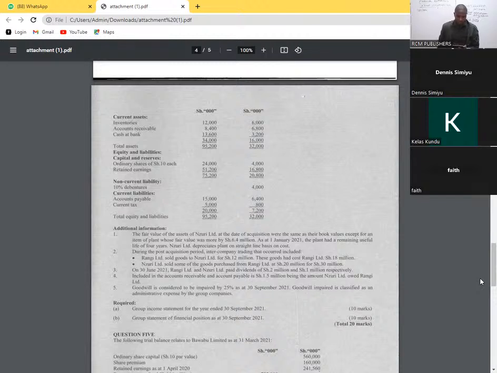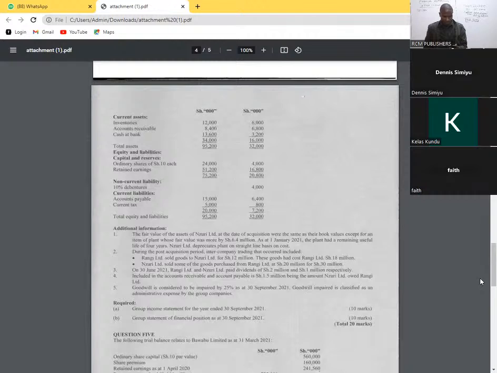During the post-acquisition period, intercompany trading that occurred includes Lag Limited selling goods to Nzuri Limited for 12 million. These goods had cost Lag Limited 18 million. Nzuri Limited sold some of the goods purchased from Lag Limited at cost 20 million for 30 million. So you can see the information in here.